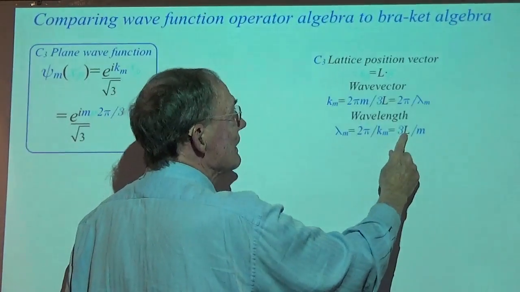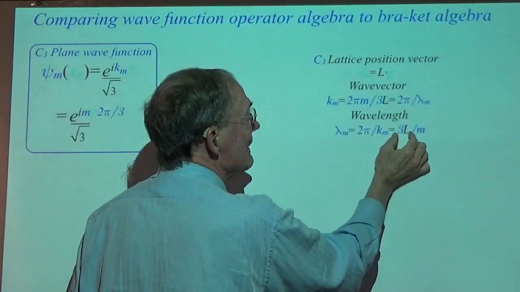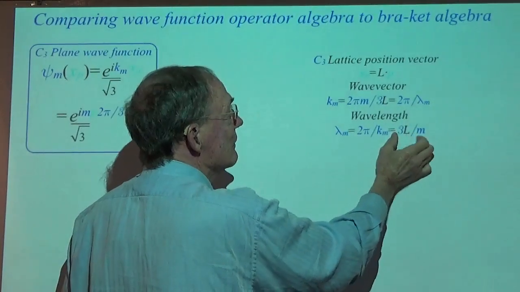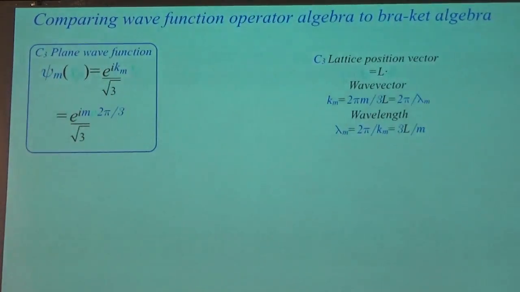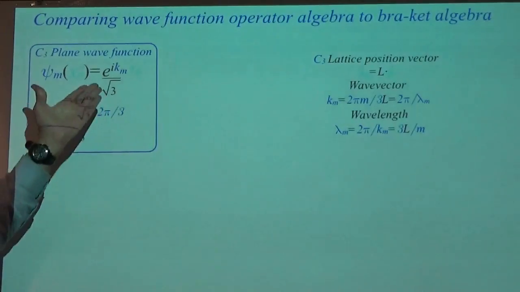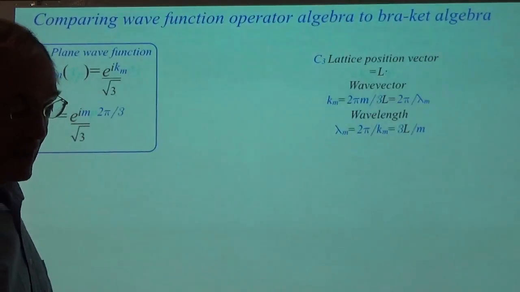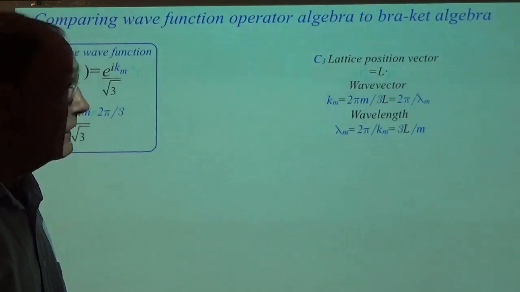That's 3 L's, lattice spaces, over m. That's the total length of the circumference of one of these rings divided by the momentum, whatever the momentum quanta is. Okay, so this is where you make the connection to ordinary elementary quantum mechanics wave notation.